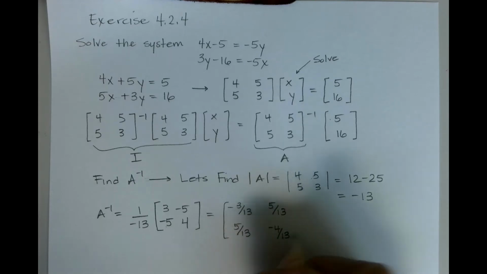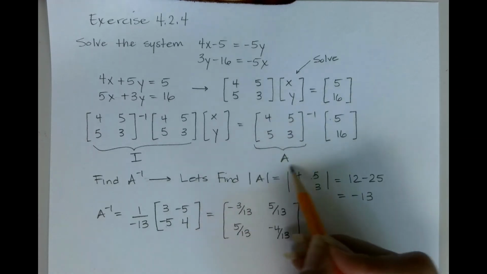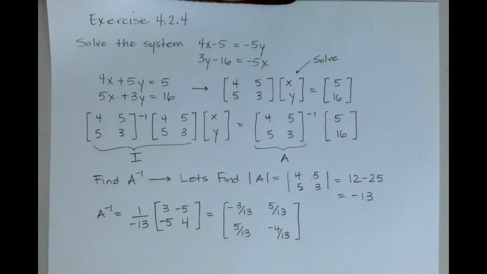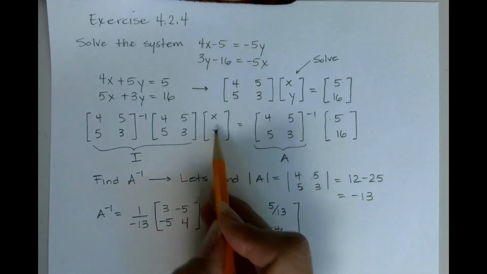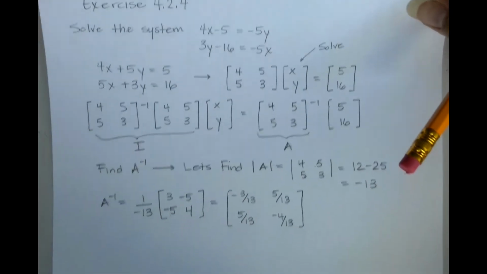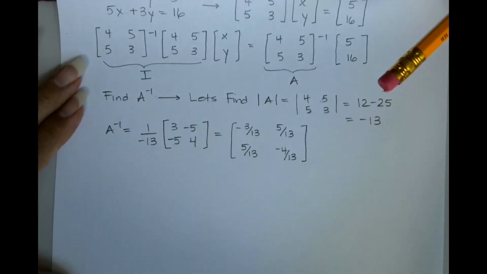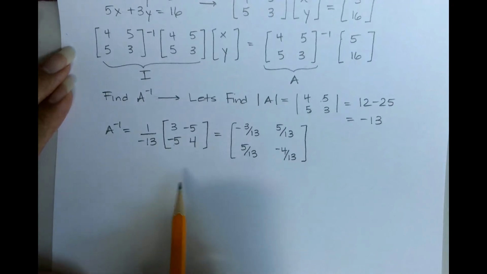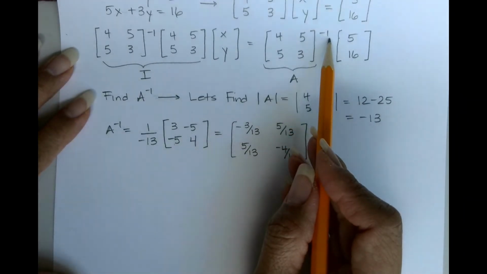So we have found this entire value here, this A inverse. So we're going to substitute what we found into this spot so that we can find our x and y. So I'm going to rewrite. Okay, so let's substitute this A inverse with what I just found.